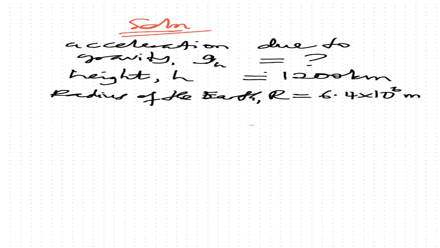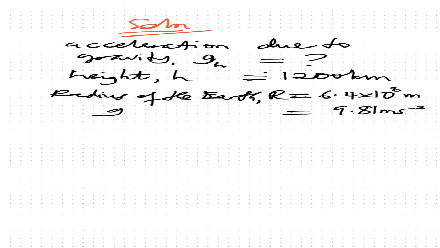And we are given small g to be 9.81 meters per second squared.